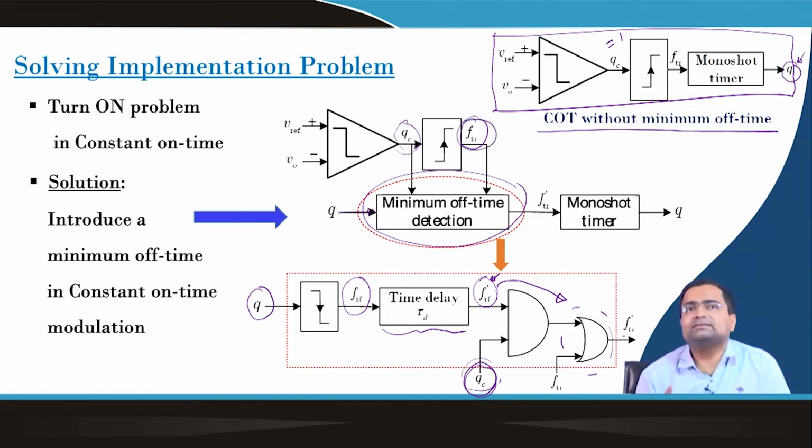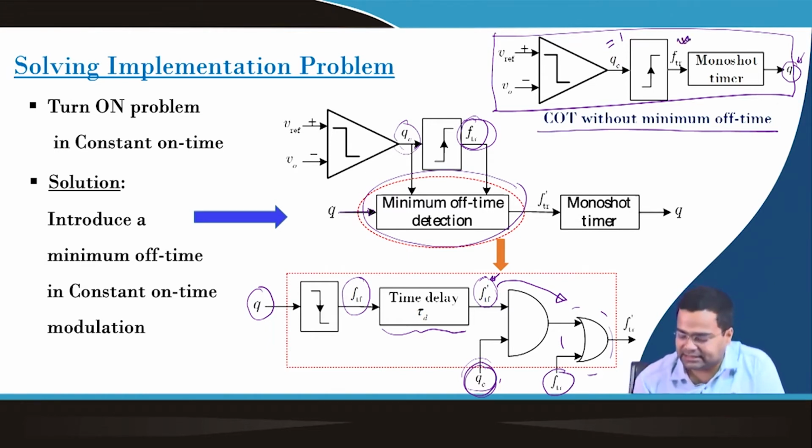At that delayed interval it may not find any positive edge of the comparator output, but it will find a falling edge signal. Sorry, this is a rising edge signal which was originally considered here.